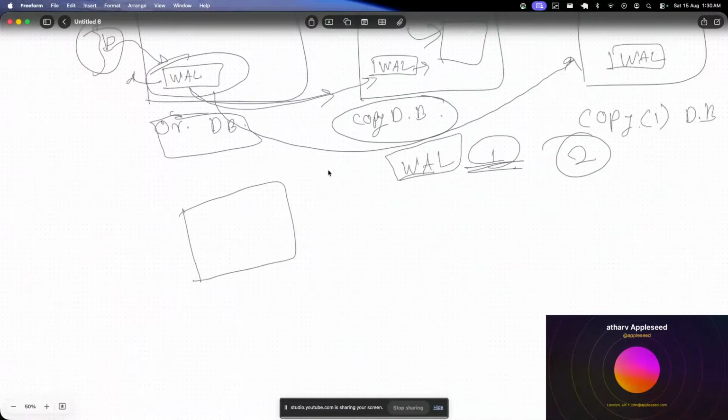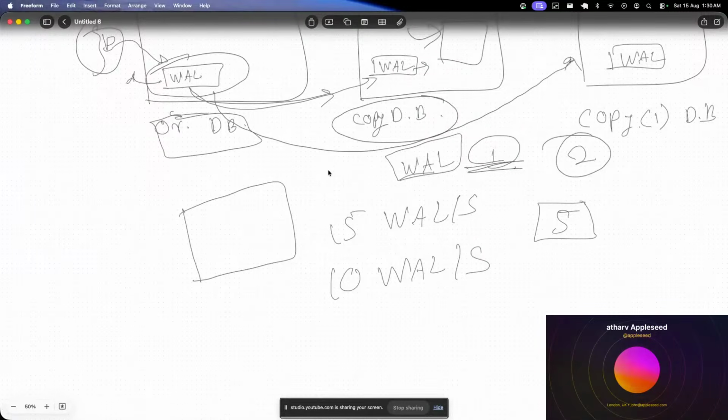So let's say we can execute 10 WALs per second, and our writes are amplified at that rate that we are generating 15 WALs per second. So each second we are having extra 5 WALs that we can't execute.